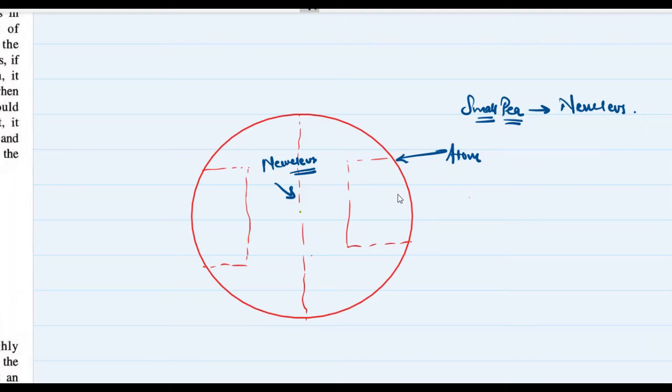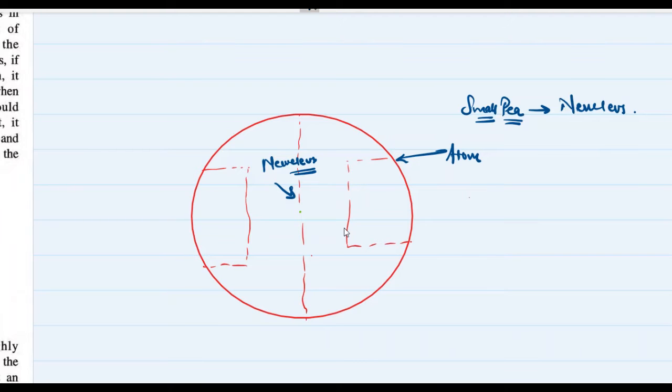That is the ratio of the size of the football field and the nucleus. This is how you can compare the size of the football field and the size of the nucleus.